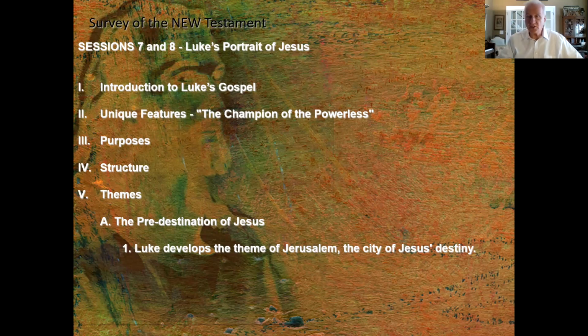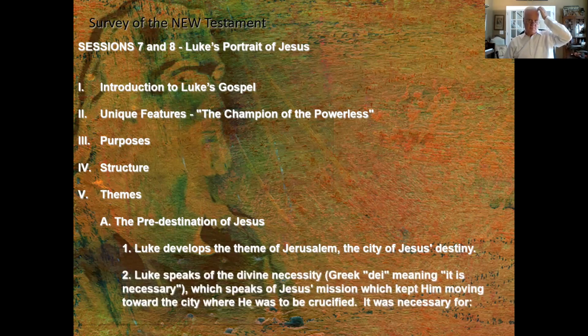Jesus's post-resurrection appearances take place in Galilee, not in Judea or in Jerusalem, in Matthew and Mark. But in Luke, his post-resurrection appearances take place in Jerusalem or right in that general area of Jerusalem.